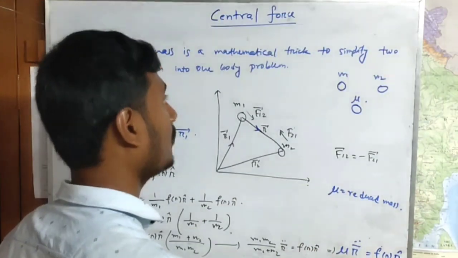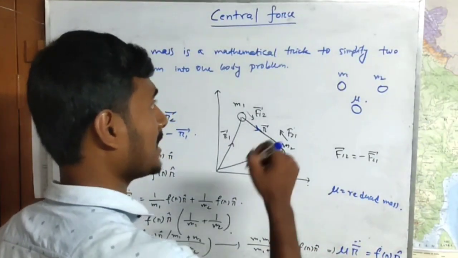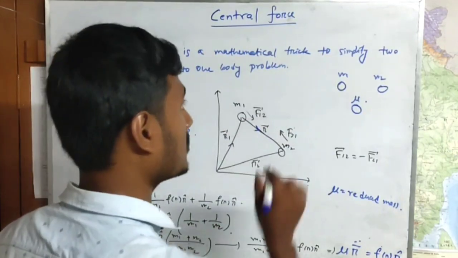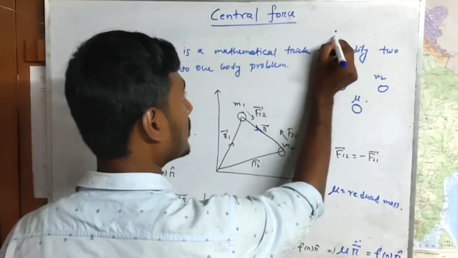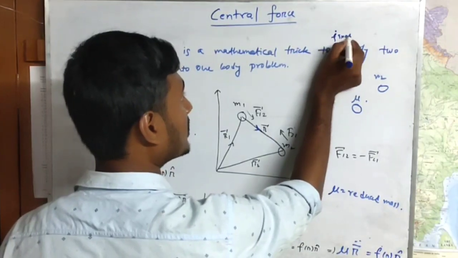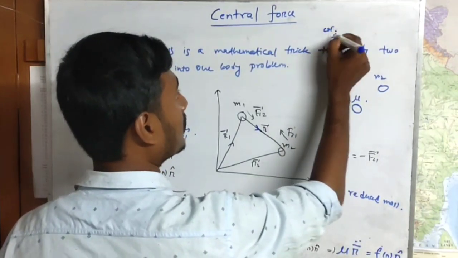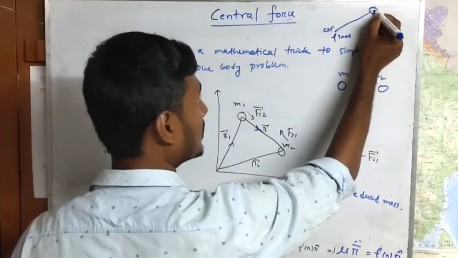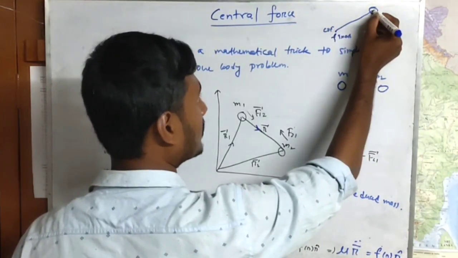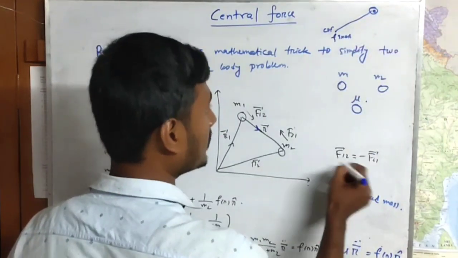Now the second part of the definition says that the value of the central force depends on the distance between the fixed point where the central force exists and the object, and here this object behaves as the reduced mass.